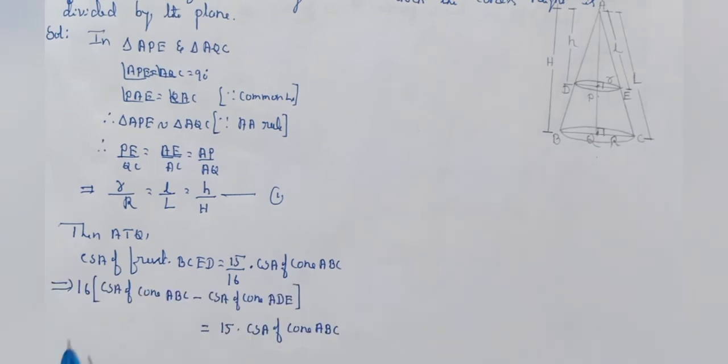Here in the RHS, 15 by 16 of CSA of cone ABC is there. If we take 15 CSA of cone ABC to the left hand side, 16 minus 15, that is 1 CSA of cone ABC, and take the 16 CSA of cone ADE to the RHS, then you will get 1 CSA of cone ABC is equal to 16 CSA of cone ADE.